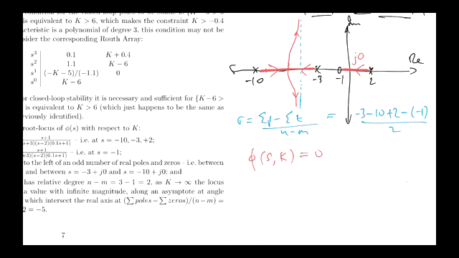So we could be saying, well, we want the polynomial at s = j0 and k equal to 0, right? That'll tell me the value of k that puts this closed loop pole right on the origin. Okay? It happens that we know that it's going to be like this. So we could use this equation to tell us what k is to put it there, and then we know once k is bigger than that, we'll be in the left half plane, because it keeps moving towards the 0 as we increase k.